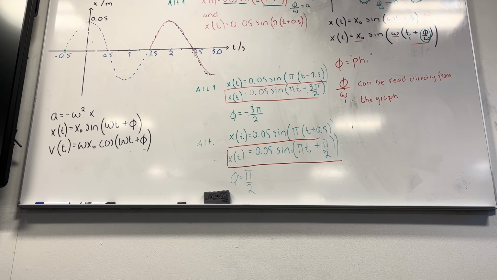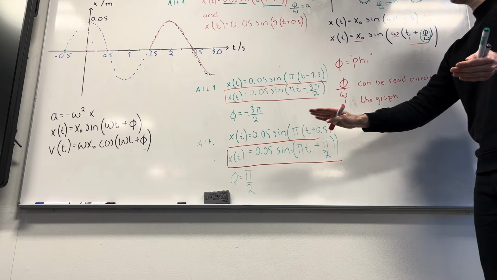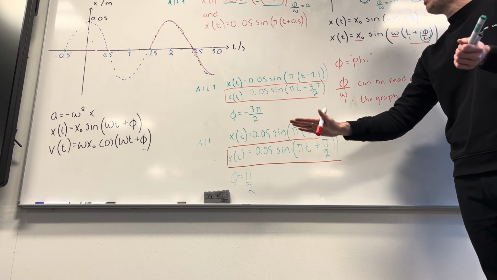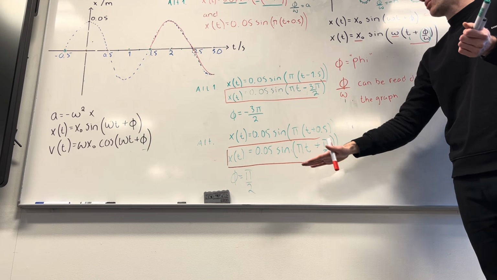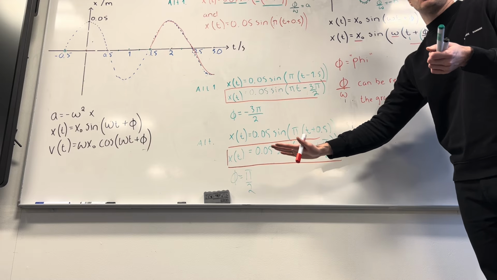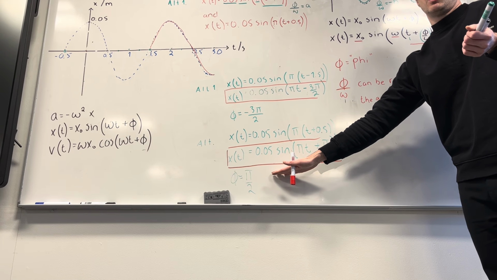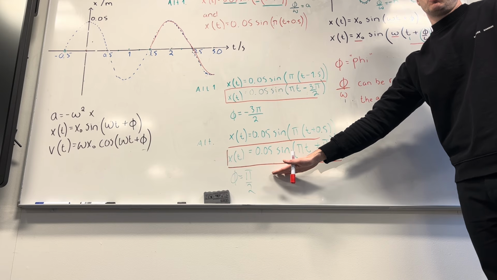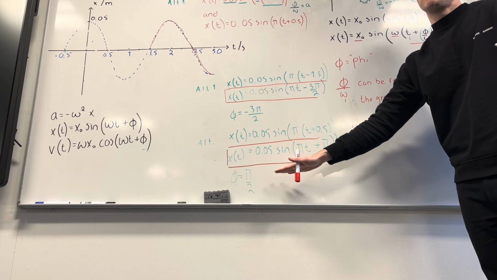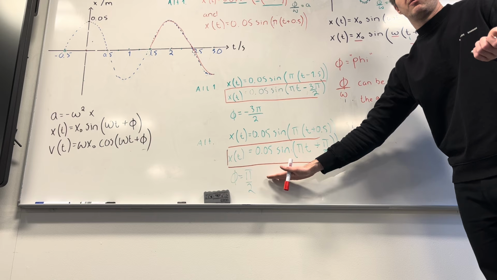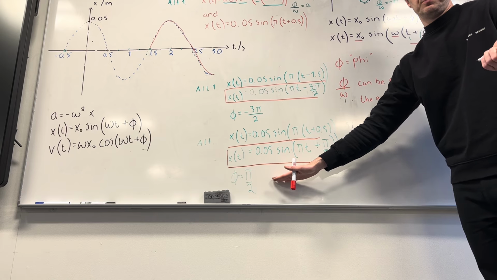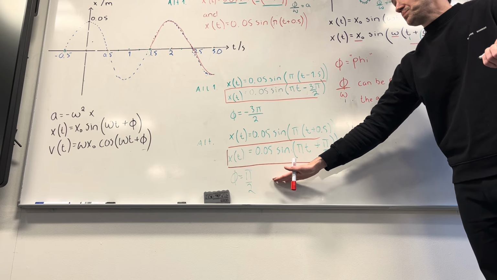What would be the answer the IB was looking for? They would probably choose this one here because the phase difference was positive. Would it have been wrong if you put the answer in negative?